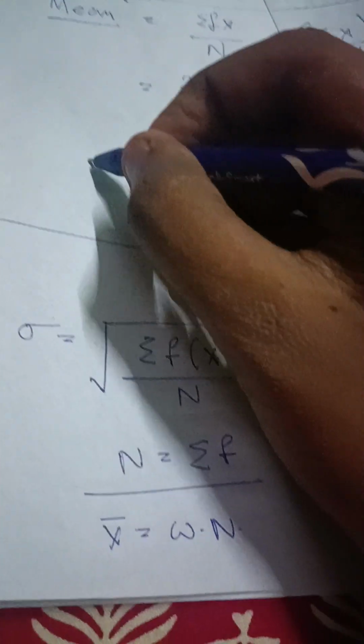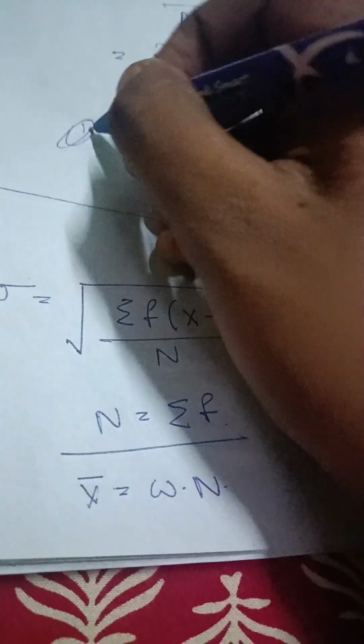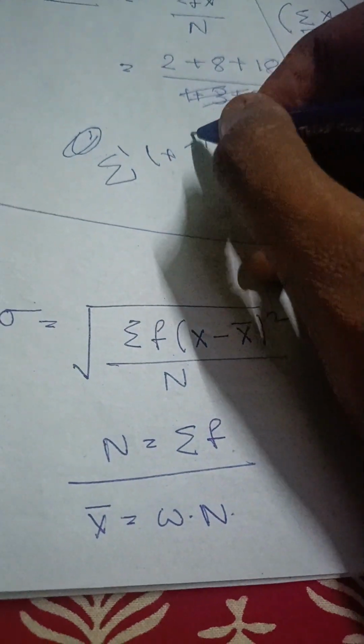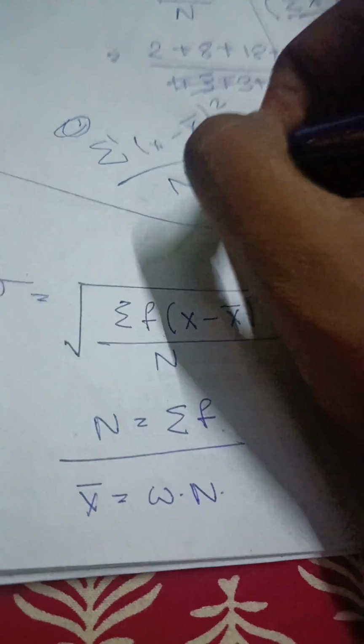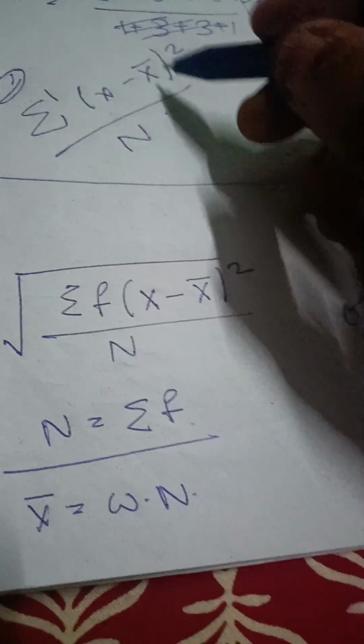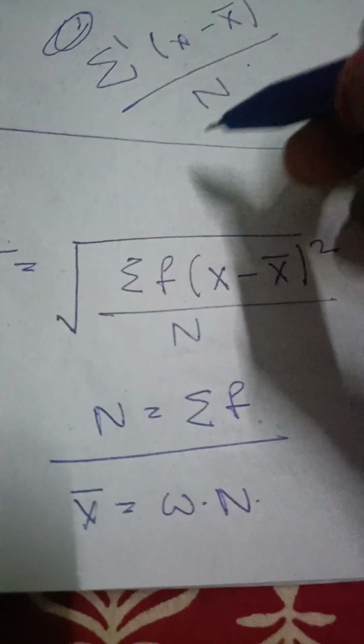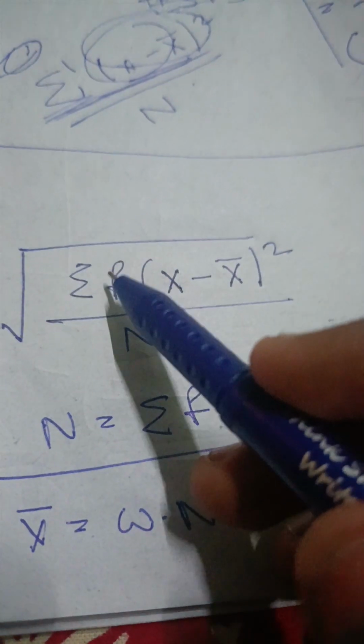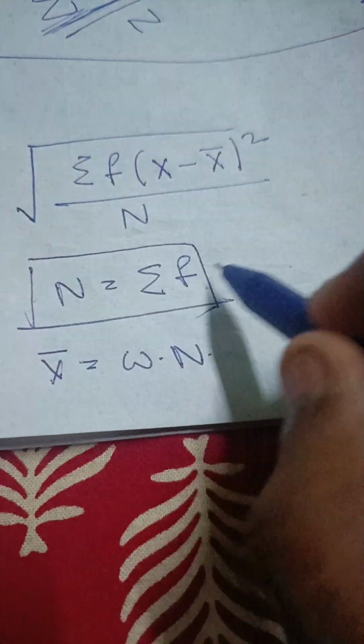What was the previous formula? Sigma x minus x bar whole square divided by n, where n is the number of elements, and we have seen it previously. So all we have to do is, where there is sigma x, we just add an f to it, multiply f with it. So here n is, as I told, sigma f.